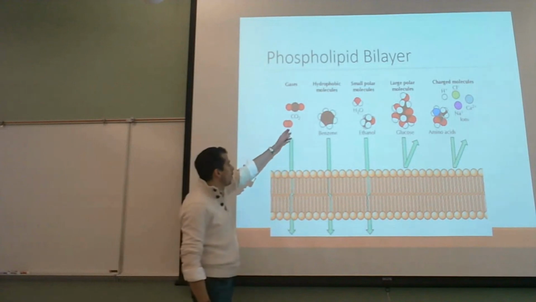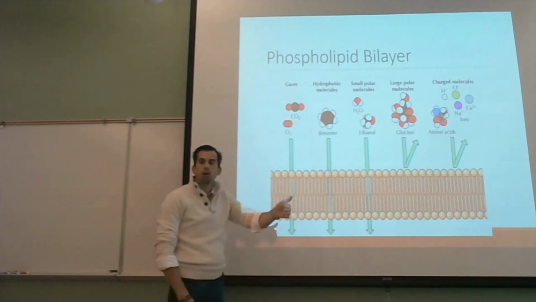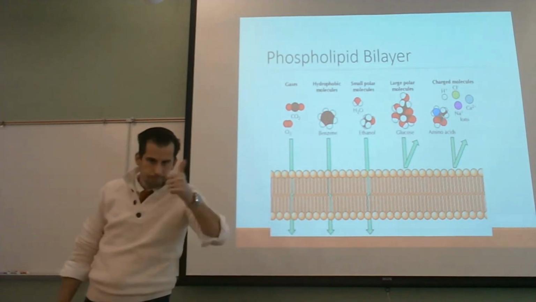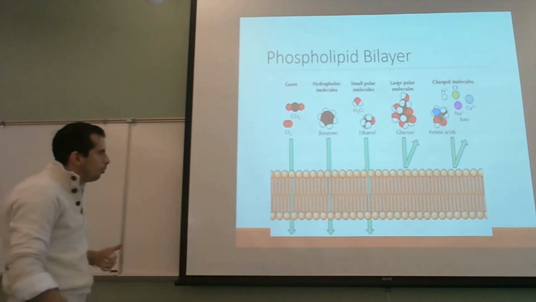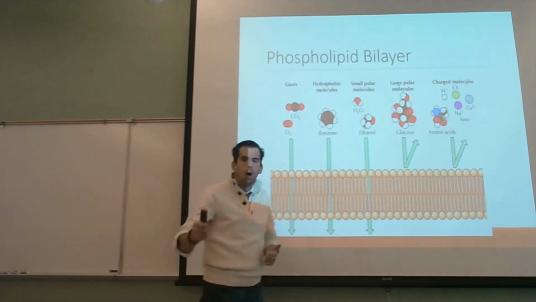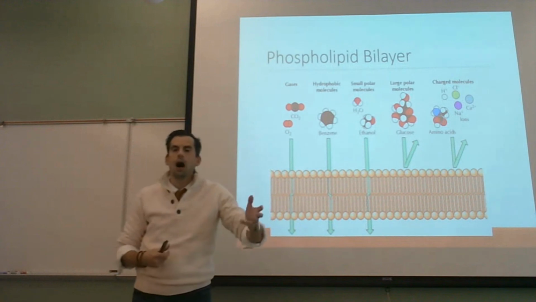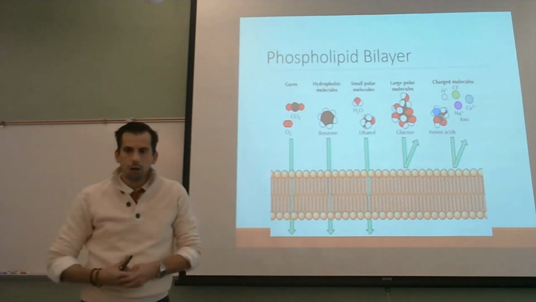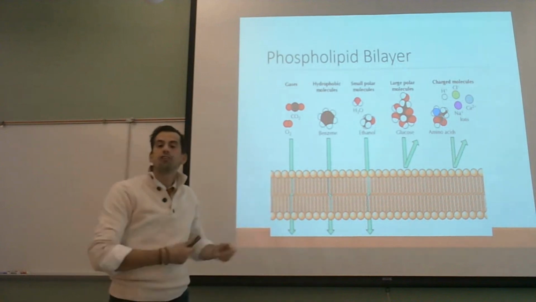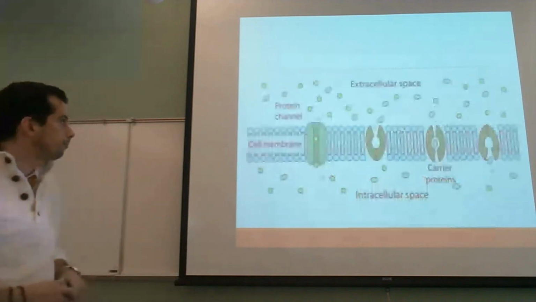So something like oxygen and carbon dioxide drift right through. Small enough, non-polar. Perfect. But if it's too big, or if it's too hydrophilic, like an ion or a polar molecule, it needs other assistance to get across that membrane.